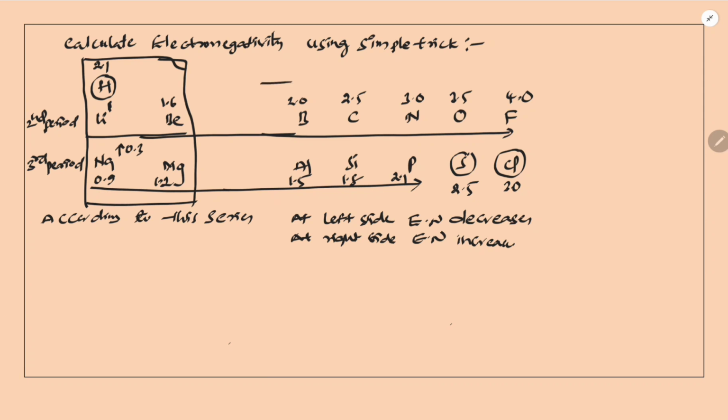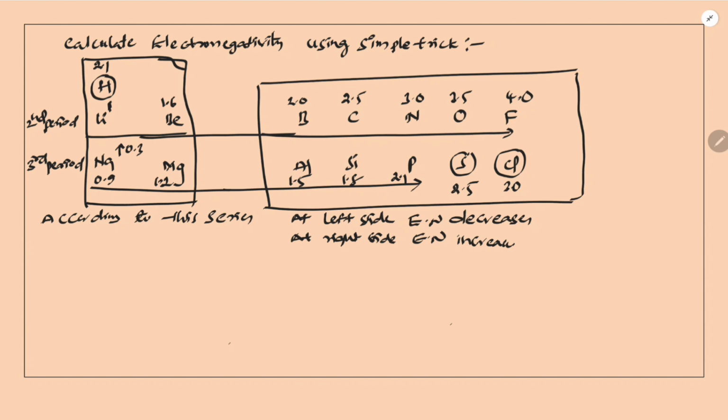Down the group, electronegativity decreases. Now fluorine has the highest electronegativity in the periodic table.